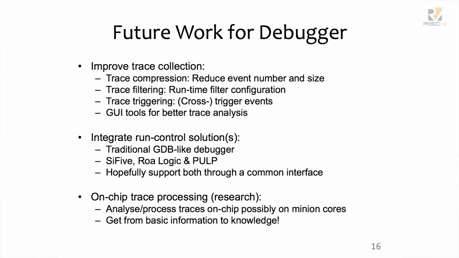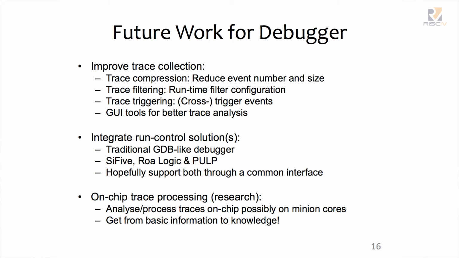For the future, currently the trace only traces certain events, and the traffic is kind of high. So in the future, we want to generate runtime configurable trace filters that allow you to change the filters, choosing what events are going to be extracted.